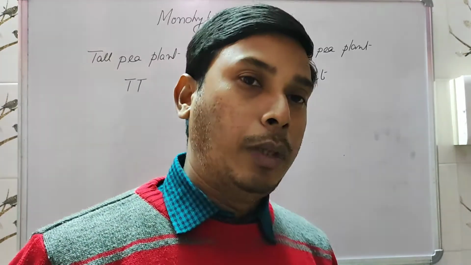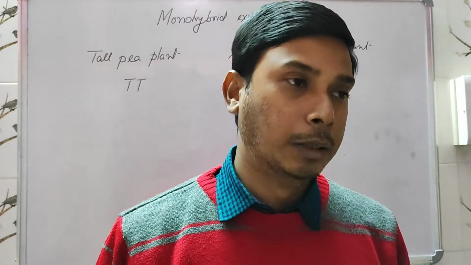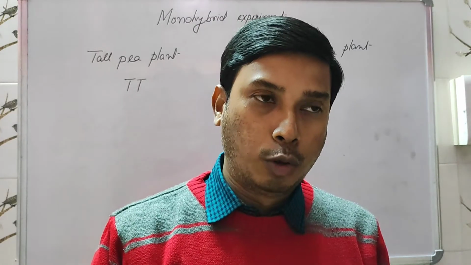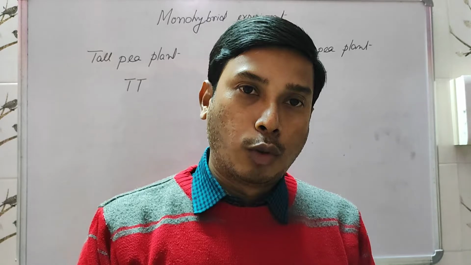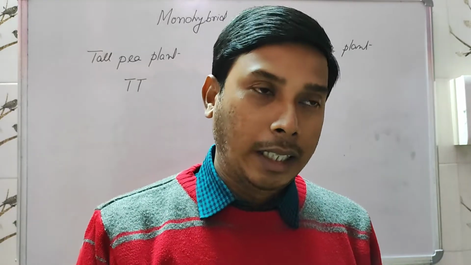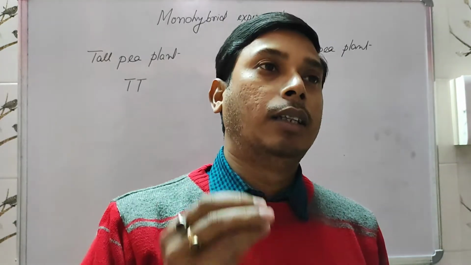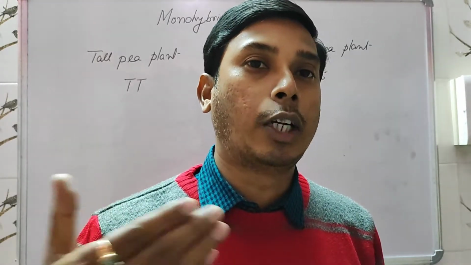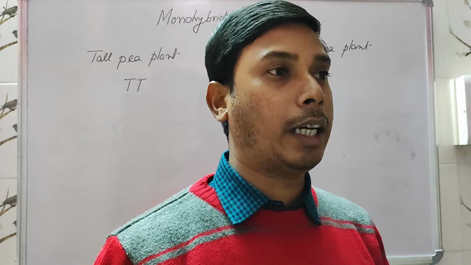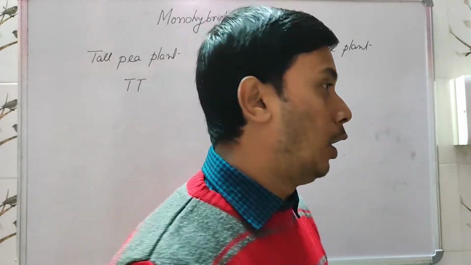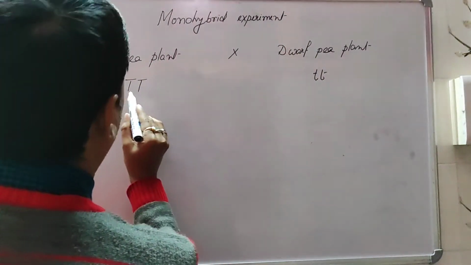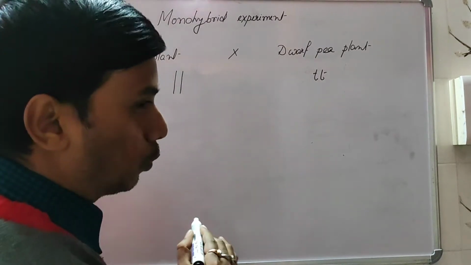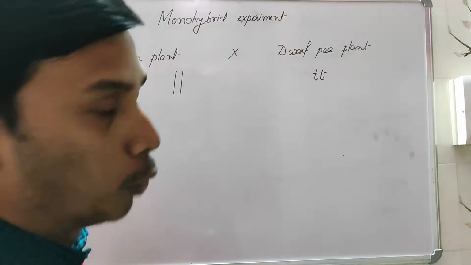Because the pea plant is a diploid organism. That means they have two sets of chromosomes, and in their corresponding area, at a particular locus, the same kind of genes are present, which help in the expression of the same kind of character. Suppose these are homologous pair of chromosomes.